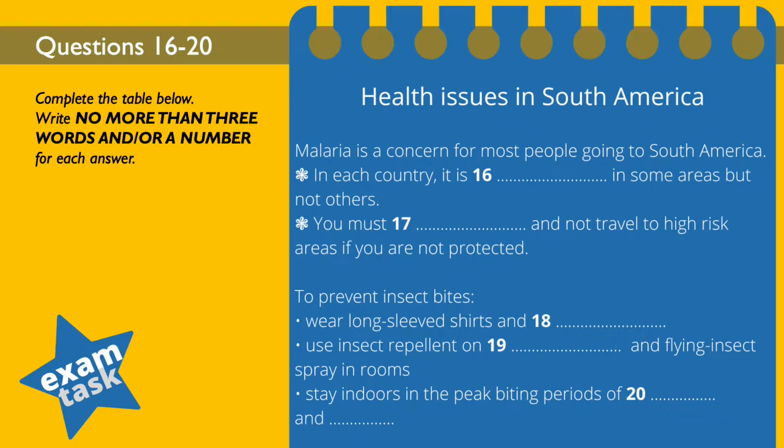Of course, there are quite a few other insect-borne illnesses that can be caught, so it's essential to avoid being bitten as much as possible, even if you are taking malaria medication. To prevent insect bites, you should wear long-sleeved shirts and long trousers whenever possible, and use an insect repellent on any bare skin. You should also bring a flying insect spray to help clear rooms of mosquitoes.